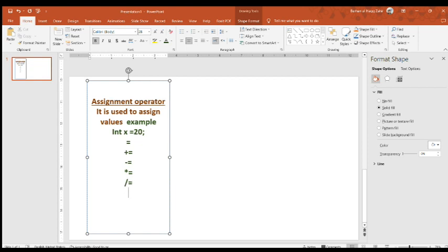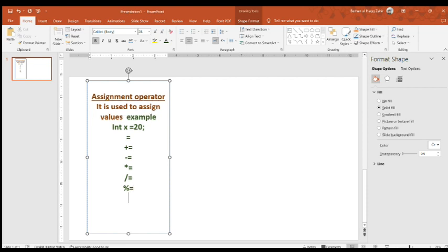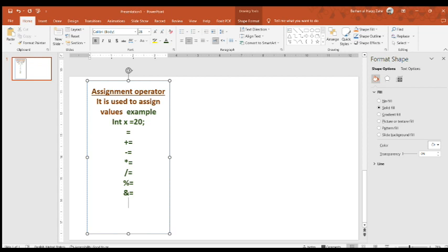You simply write this, and similarly we have multiply, divide, modulus, ampersand, greater than or less than or equal to. These are the assignment operators commonly used in C++.